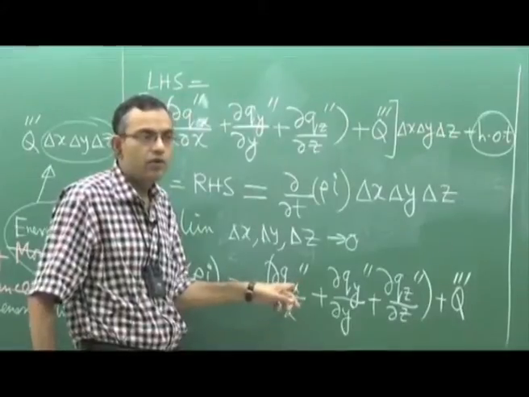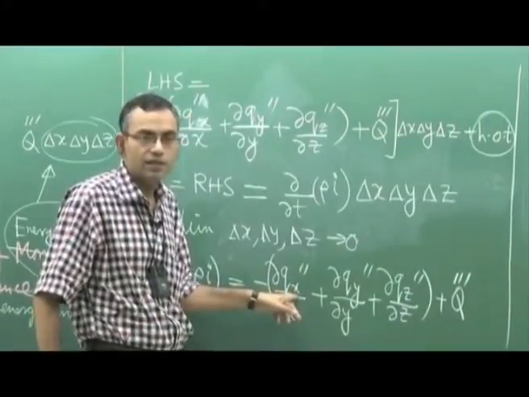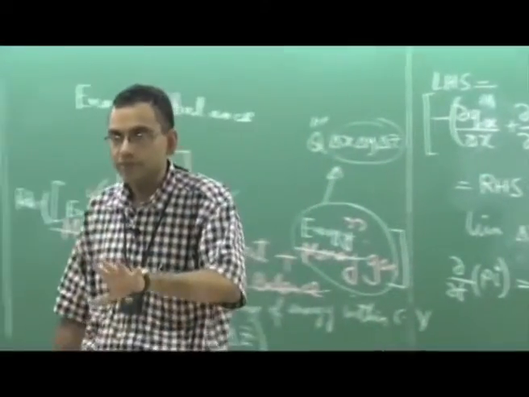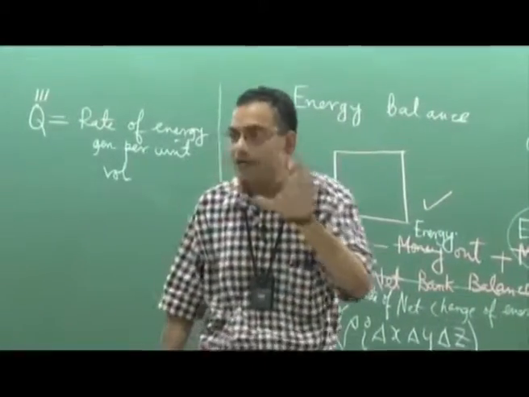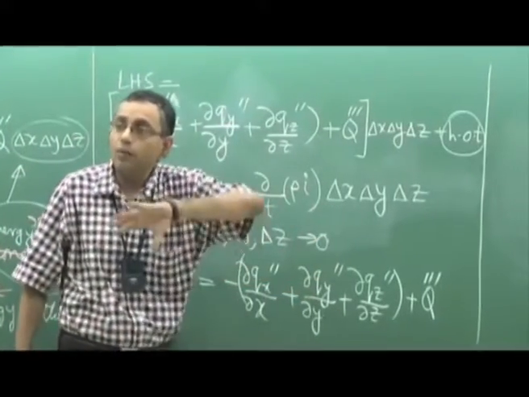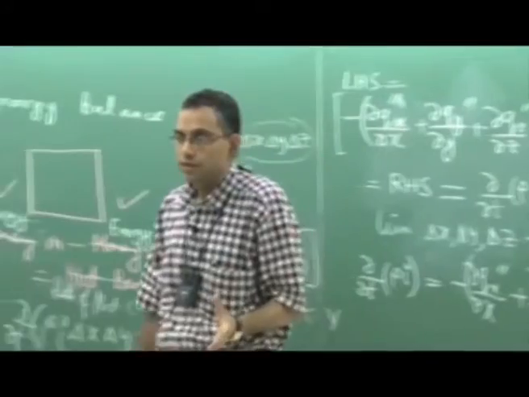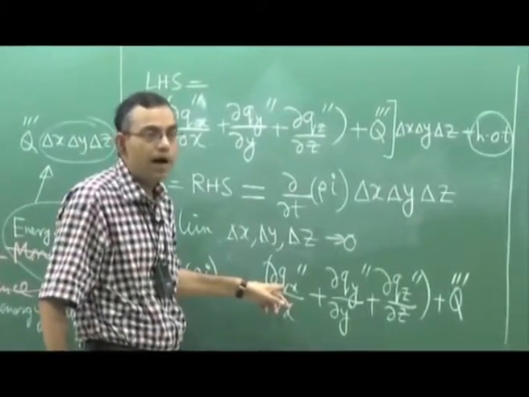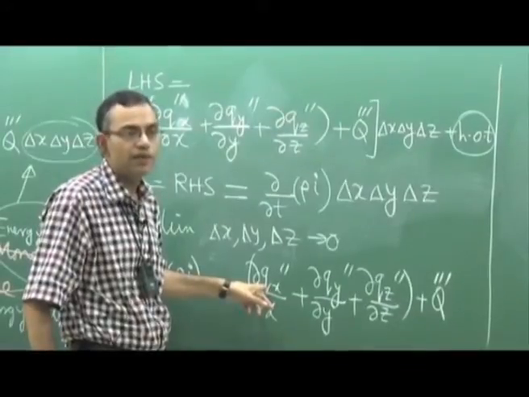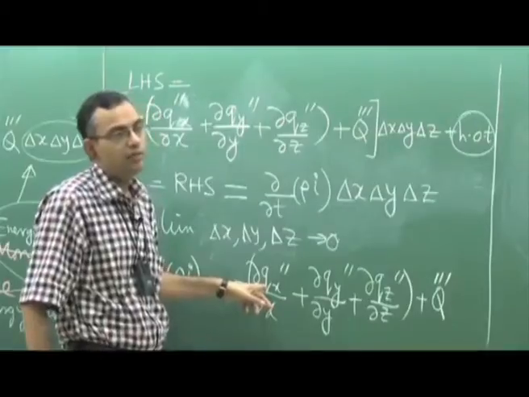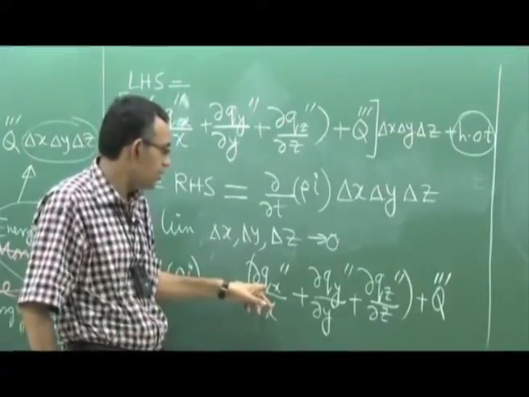The basic modes of this heat flux may be one of the basic modes of heat transfer. So we have not committed that it is conduction. Now we will commit that it is conduction. So we will write this keeping in mind that the mode of heat transfer that we are considering is conduction. That will lead to the basic heat conduction equation.